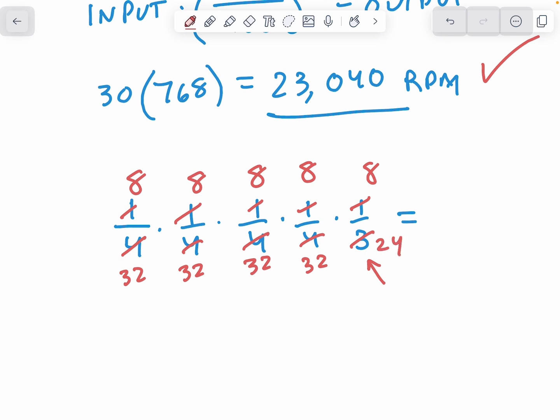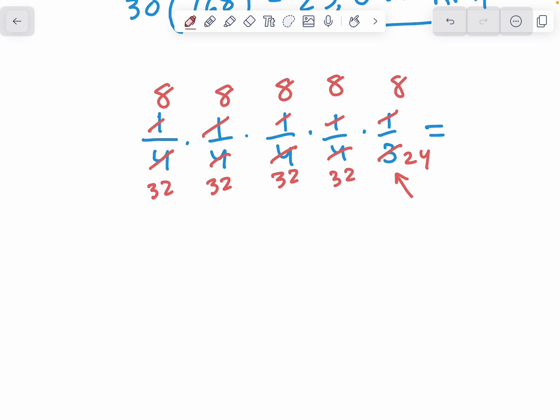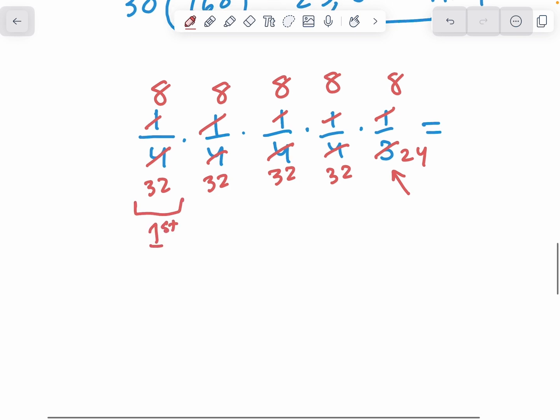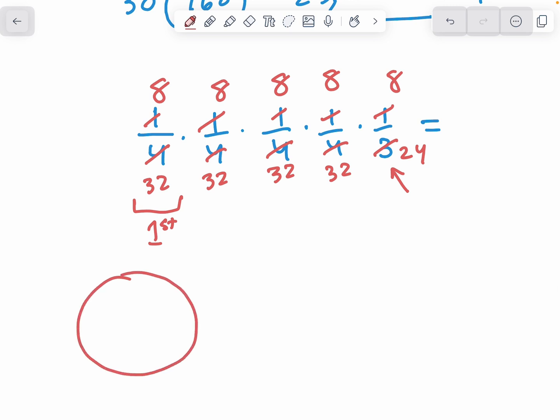So now I know all of my gears, okay? So this is my first set. The bottom is driving, top is driven. So this is going to be a 32, and that's driving, and the driven one is going to be an 8.